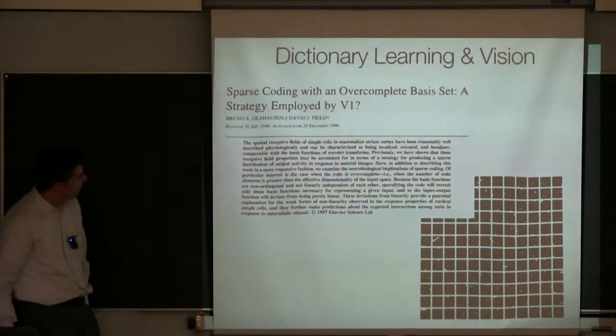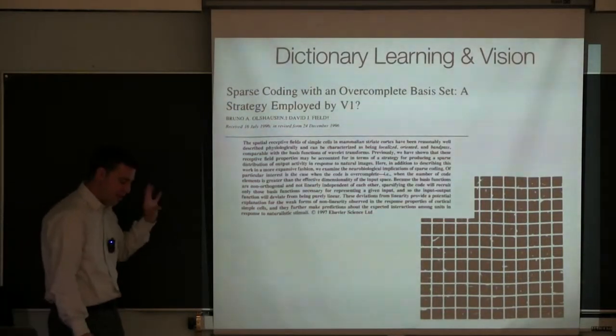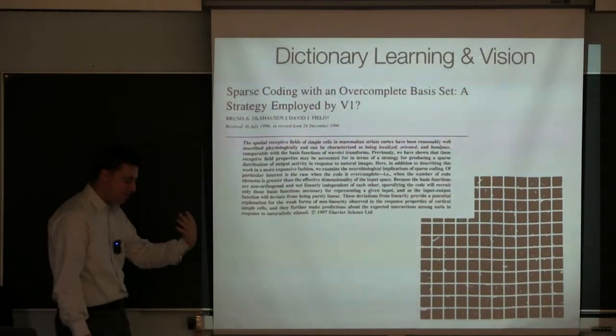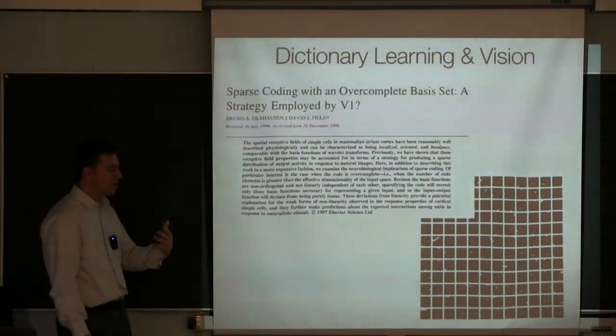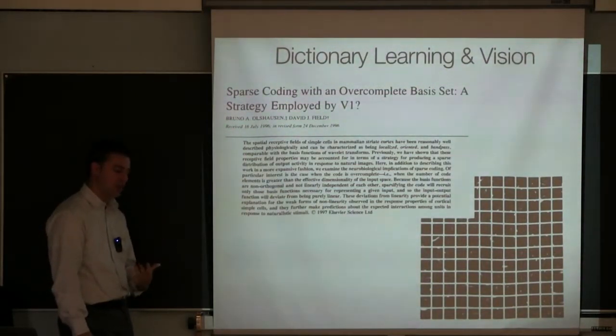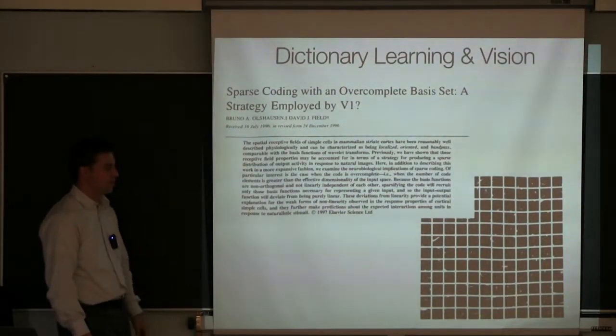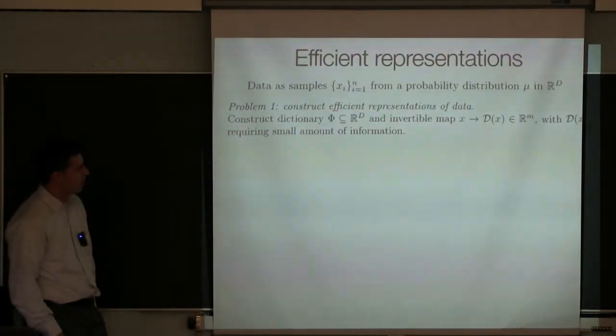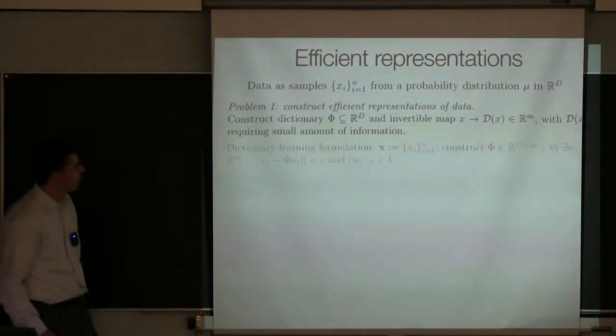And so essentially the key here was maybe we can explain the receptive fields in the visual cortex as optimizing a function which likes efficient encodings of patches of images. And so you can ask this question in general in the following way.